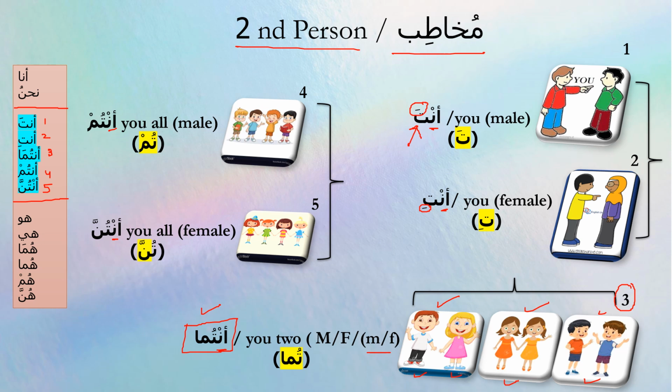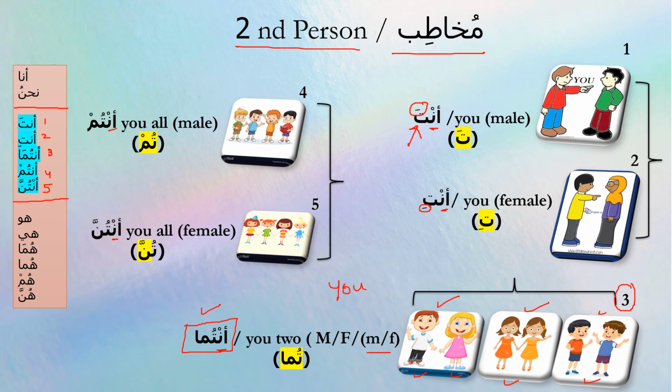Does the English you tell you whom you are speaking to? It doesn't, when they are in front of you. So that's how this pronoun is used for all of them, because you are seeing them in front of your eyes, so you don't have to distinguish between them.